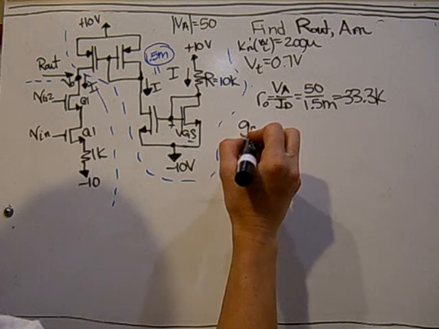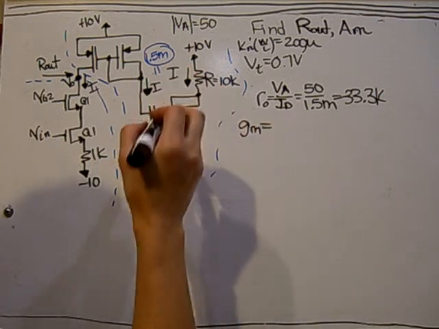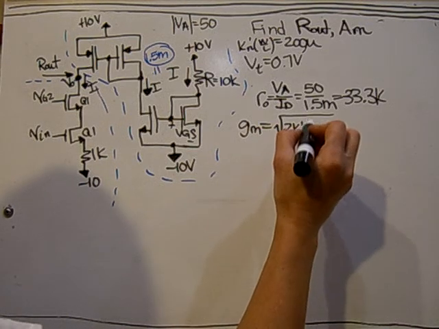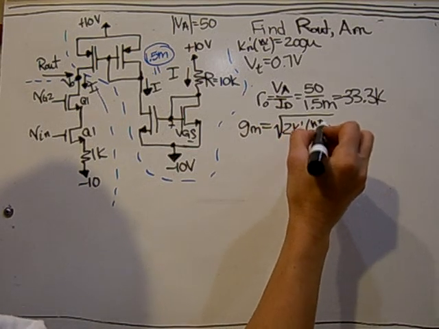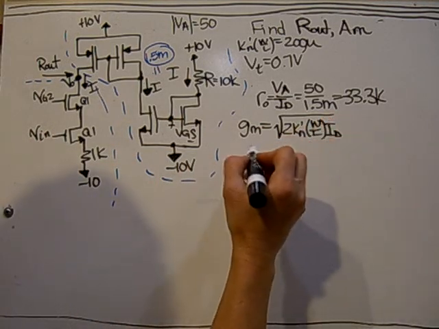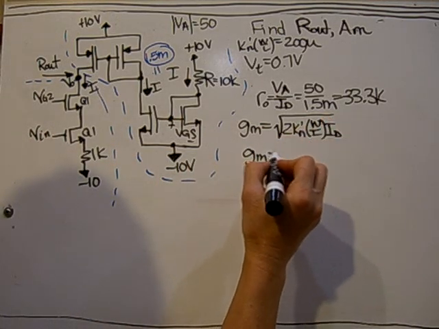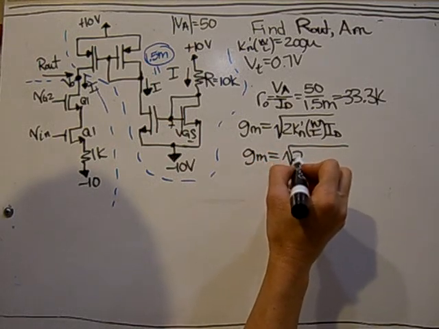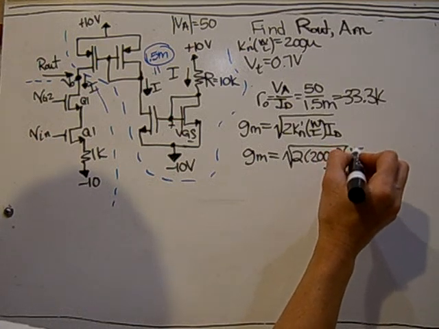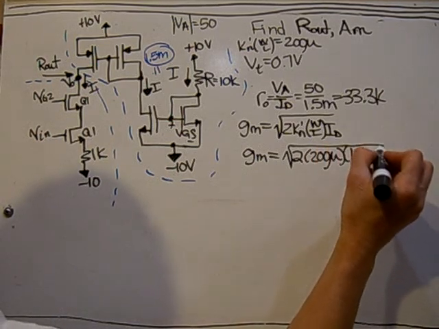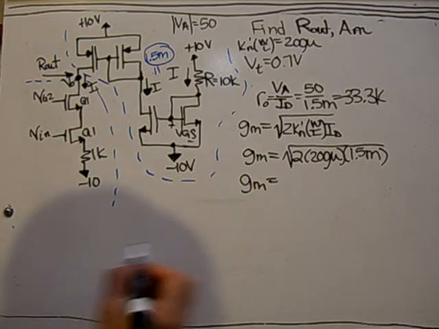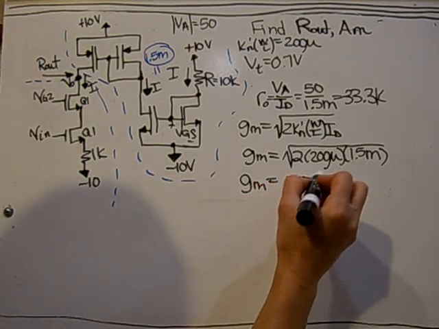And GM, just knowing ID, can be written as the square root of 2 Km prime W over L ID. And so GM, plug in the parameters here, so 200 micro, 1.5 milli, and that's all the square root. So GM is 0.7575 milli.